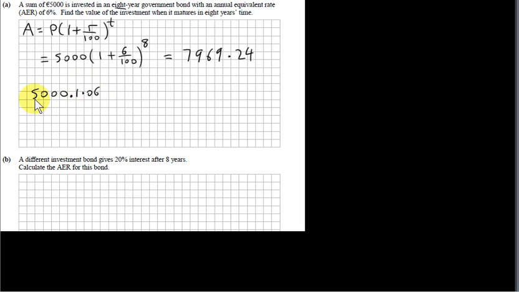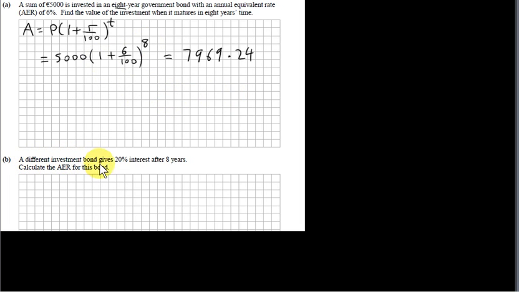And this amount goes in for a second year, and we have to increase this amount by 6%, so we multiply it by 1.06. And this will be the new amount after 2 years. So for the third year, we need to increase all of this by 6%, so we just multiply it all by 1.06, and so on for 8 years. So that's why we put 1.06 to the power of 8.